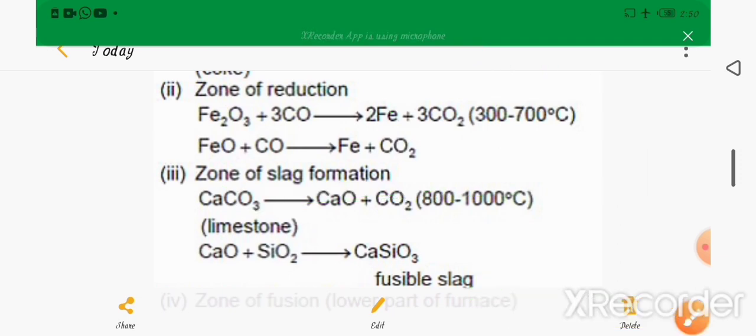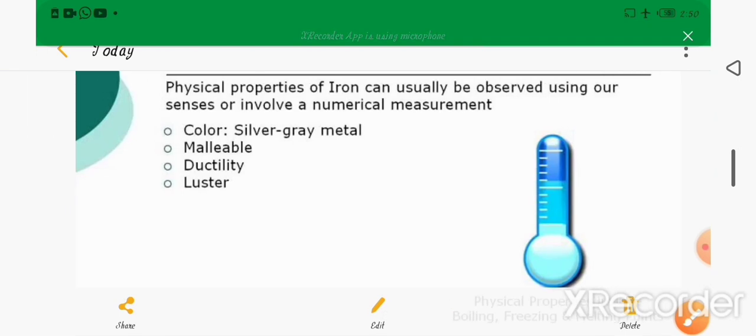Next, we go to the next topic, that is physical properties of iron. The color of iron is a grayish white metal, that is, a silvery gray metal. It has high tensile strength, malleability, ductility and luster.